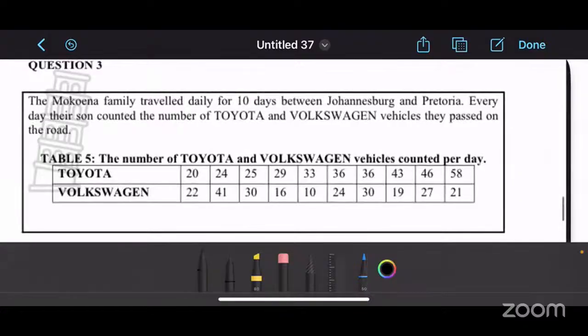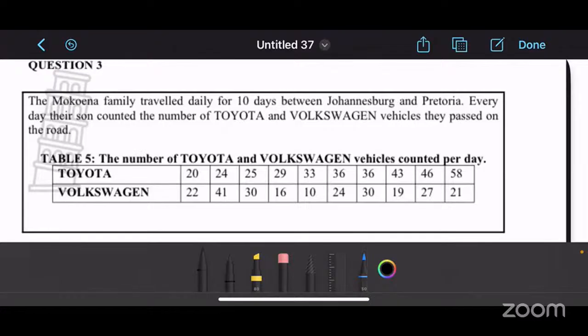Okay, we have the Mokoena family traveled daily for 10 days between Johannesburg and Pretoria. Every day, their son counted the number of Toyota and Volkswagen vehicles they passed on the road. Then we have table 5, the number of Toyota and Volkswagen vehicles counted per day.